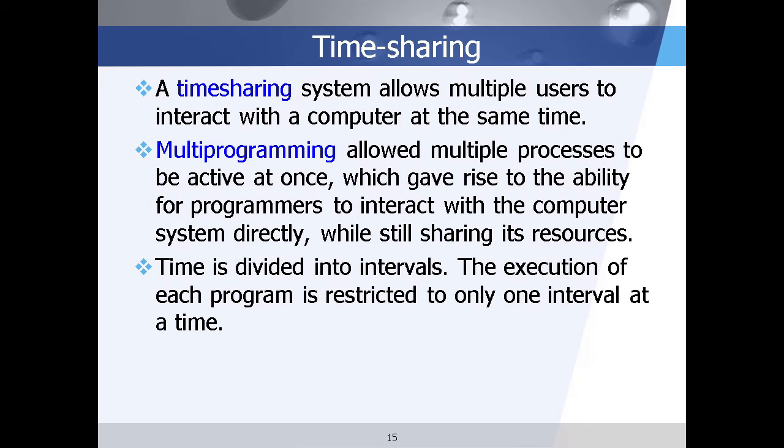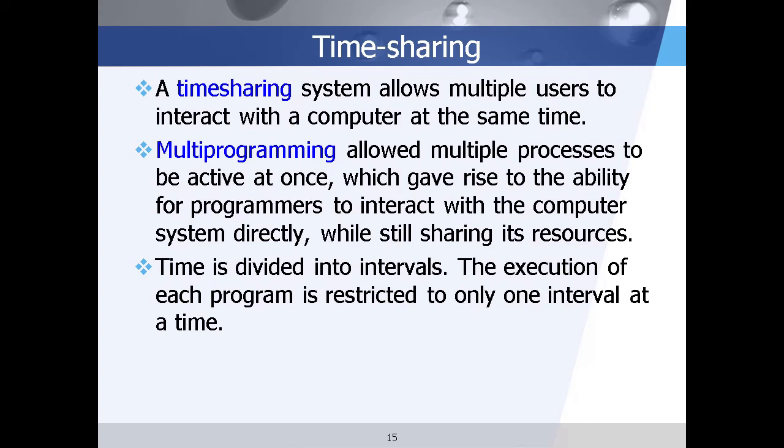But because the computers were very expensive during that time, it's not very efficient to allow only one user to use the computer. So the time-sharing system is designed to allow multiple users to interact with the computer at the same time. So in this case, we have to run multiple programs at the same time.